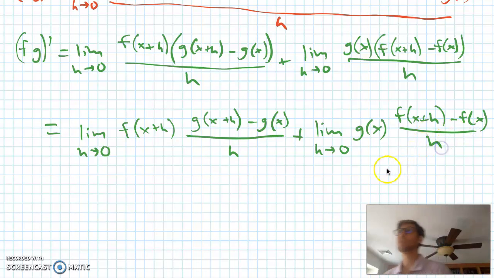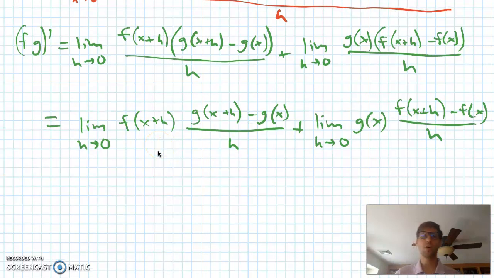Okay, so now we're starting to get somewhere, because at this point we can use limit properties to take the limit of each part of the product, because with a limit we are able to do that.